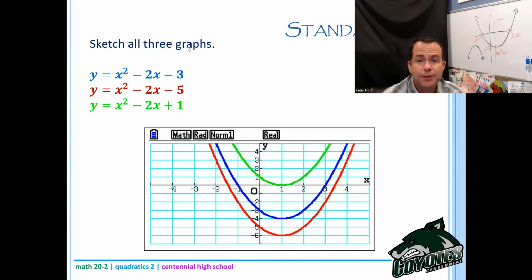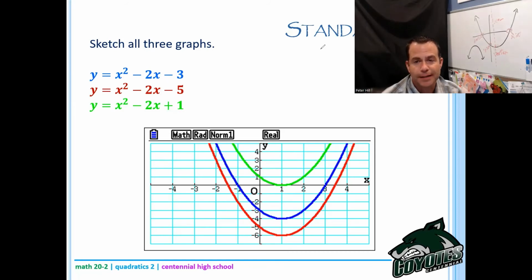And is there anything that kind of compares to this -3 on the blue graph? Well, what I want you to notice is, look at what's at -3, the y-intercept. -5, look at what's at -5, the y-intercept. +1, hey, look at what's at +1, the y-intercept, okay?